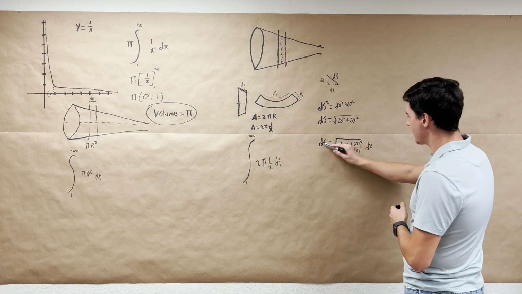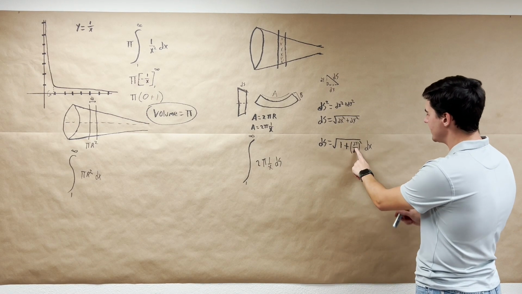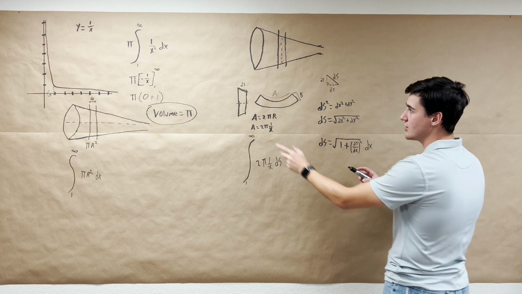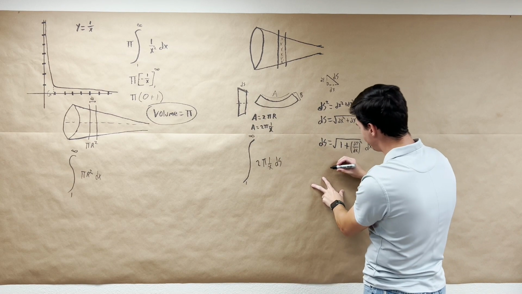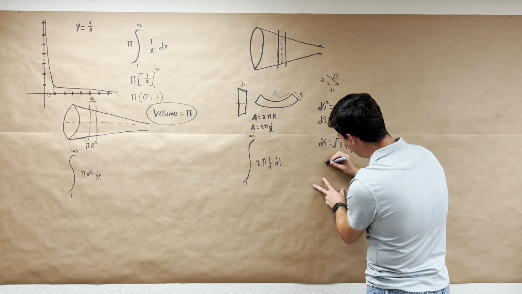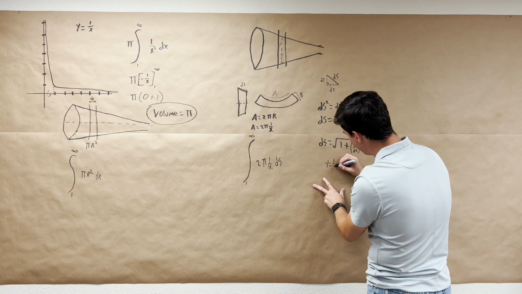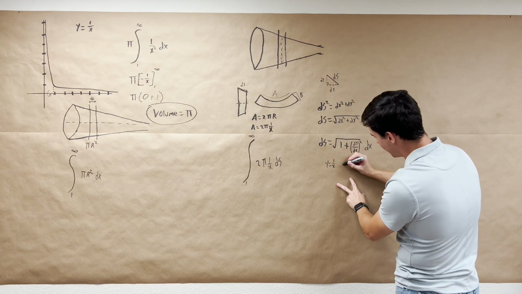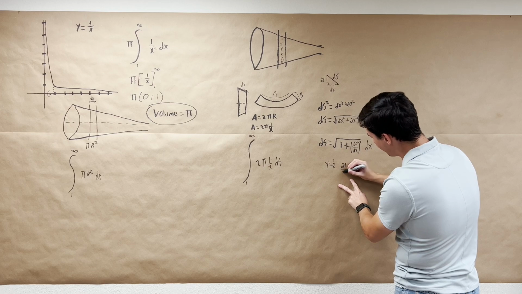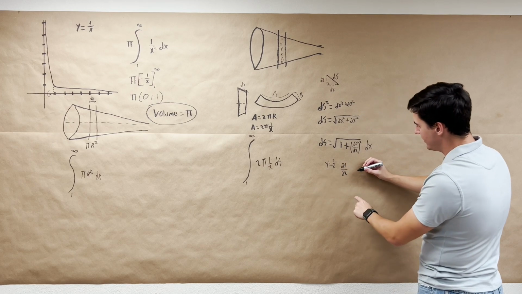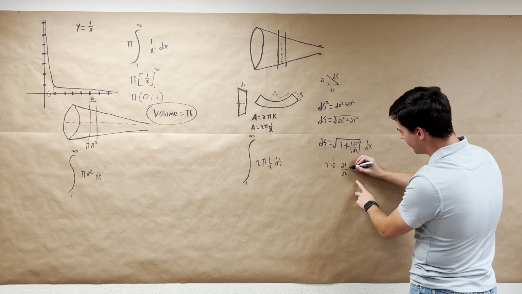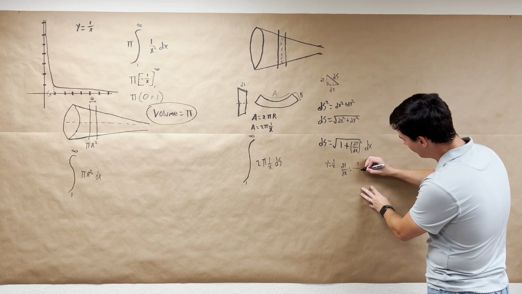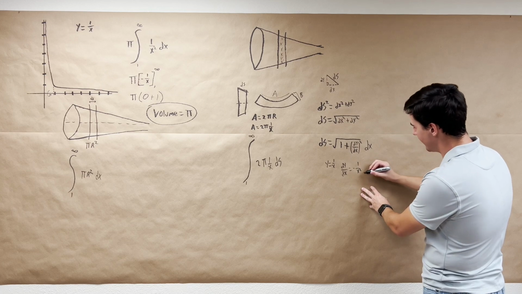So now we have this problem here, and we have dy dx. Well, we can get dy dx because we know that our initial y function, y, was equal to 1 over x. And if we differentiate this function with respect to x, dy over dx is just going to give us negative 1 over x squared.